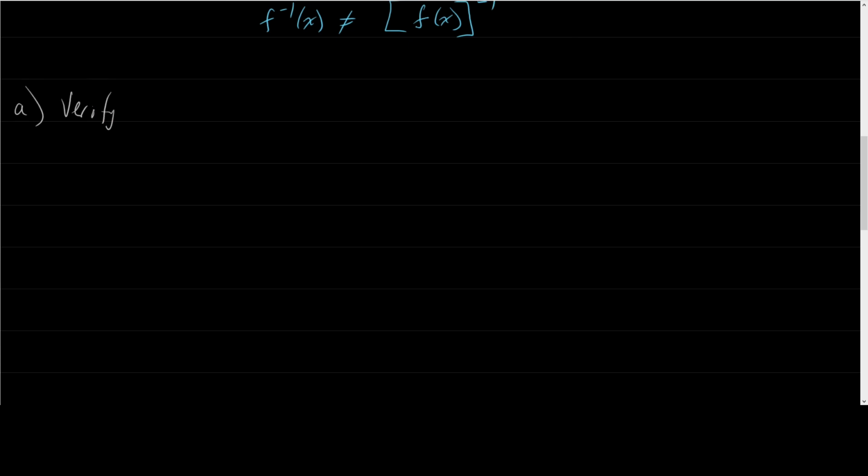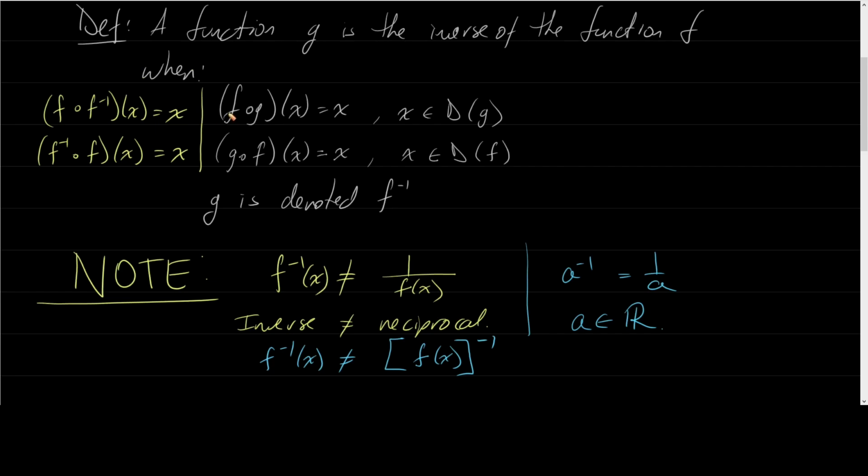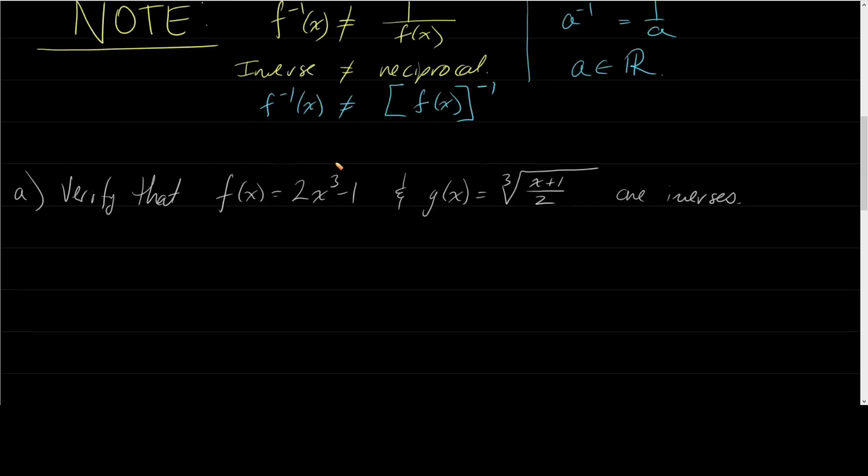So verify that f of x equals 2x cubed minus 3 and g of x equals the cube root of x plus 1 over 2 are inverses. All right, so let's do that. Well, what must be true for them to be inverses? f composed with g must be x, and g composed with f must be x. All right, so let's do that.